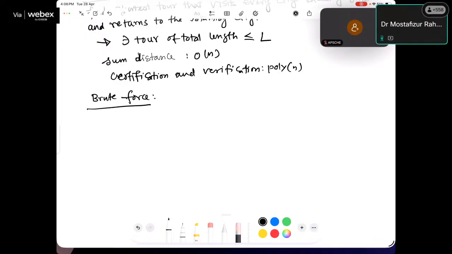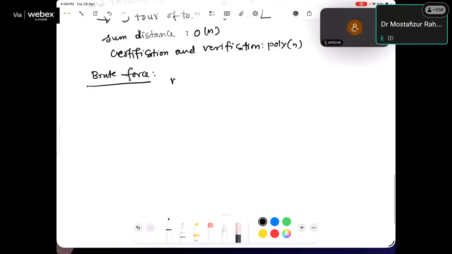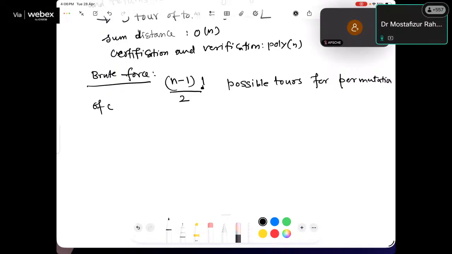If we solve this using brute force, it is (n-1)!/2. So that many possible routes are there, permutations of cities.